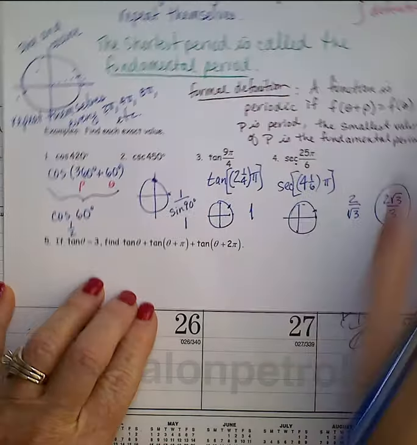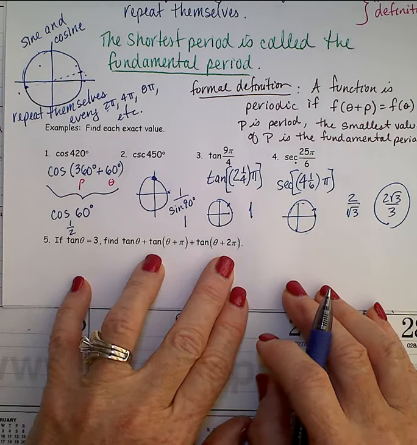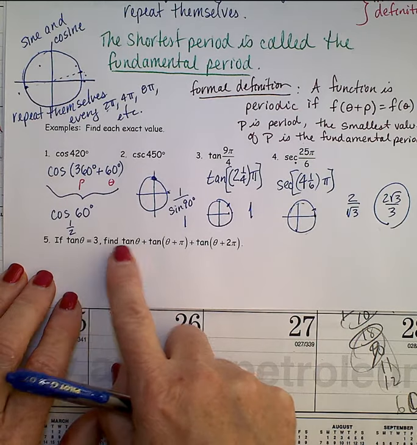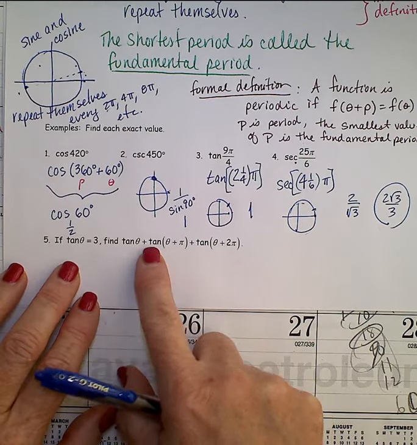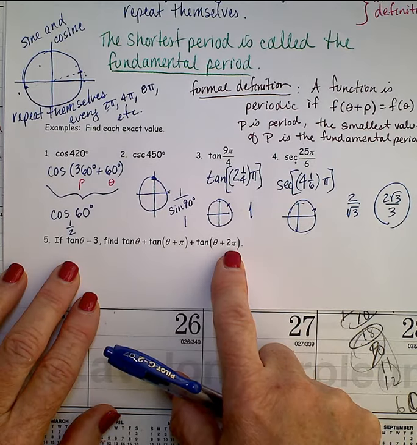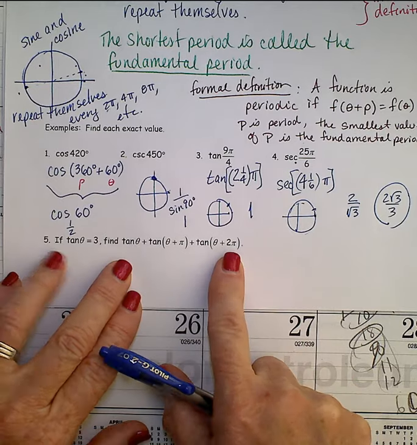This one down here, you do have to recognize that this is a periodic function notation. Tangent of theta is equal to 3. Find tangent theta plus tangent of theta plus pi plus tangent of theta plus 2 pi. Recall that the period of tangent is pi.